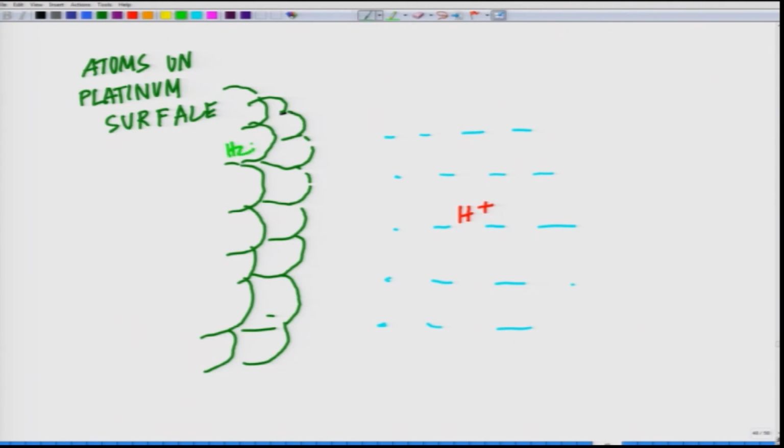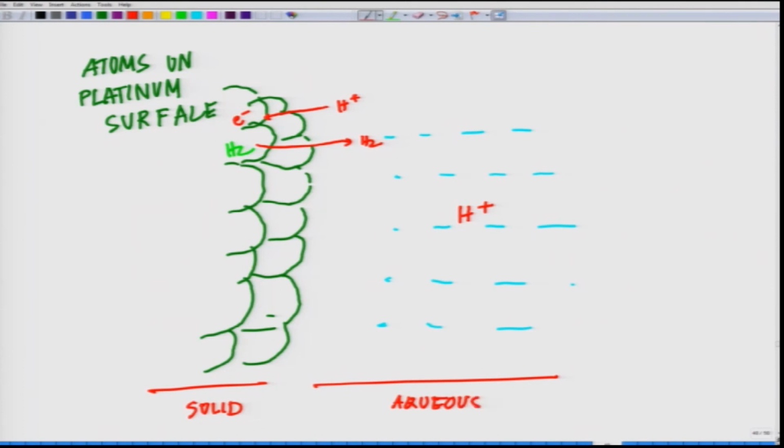There is a very peculiar equilibration happening. These H plus ions are coming onto this surface, attracting the electrons and becoming H, and eventually become H2. Now, this H2 is traveling back into the solution in the aqueous phase. So this is the solid and this is the aqueous or liquid phase.